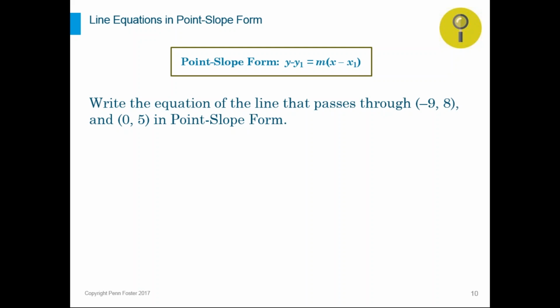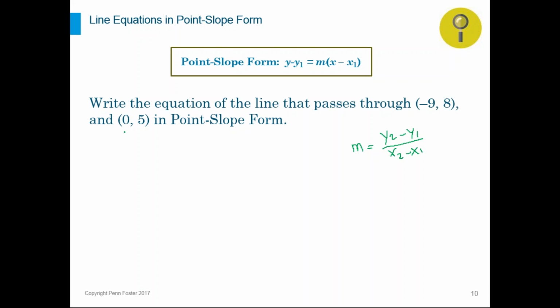Remember from webinar part 1, we know that the slope equals y2 minus y1 over x2 minus x1. The y2 and the x2 come from one point that the line goes through, and y1 and x1 come from another point that the line goes through. Well, I have 2 points, so let's use them.